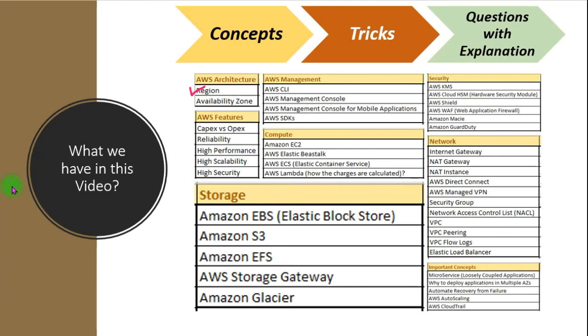When we club these data centers together in one location, logically it becomes an availability zone. And when we have multiple availability zones, then we have a region.